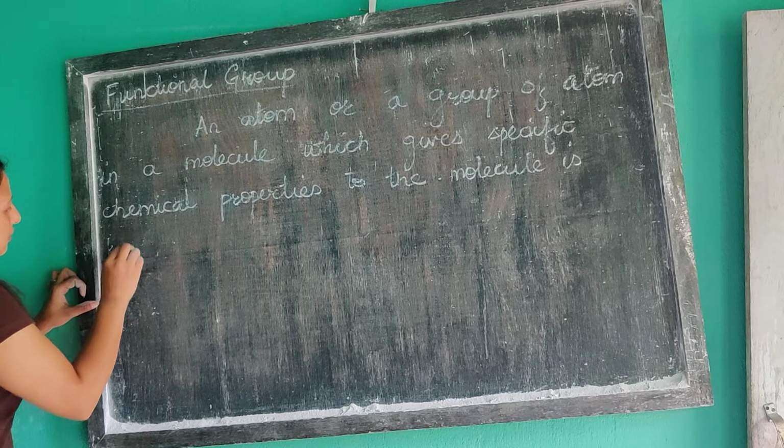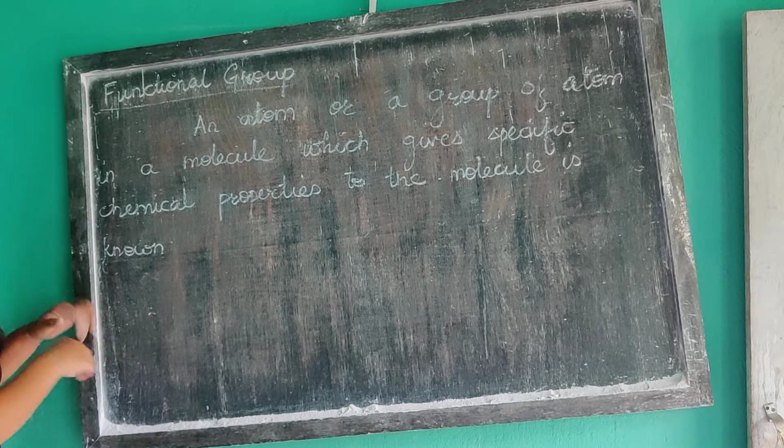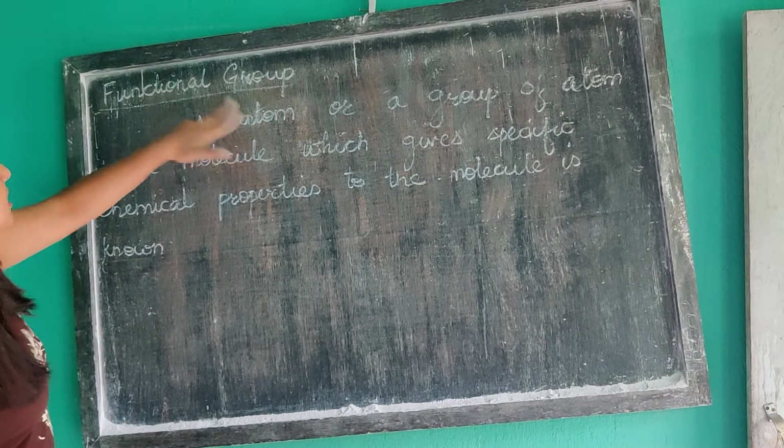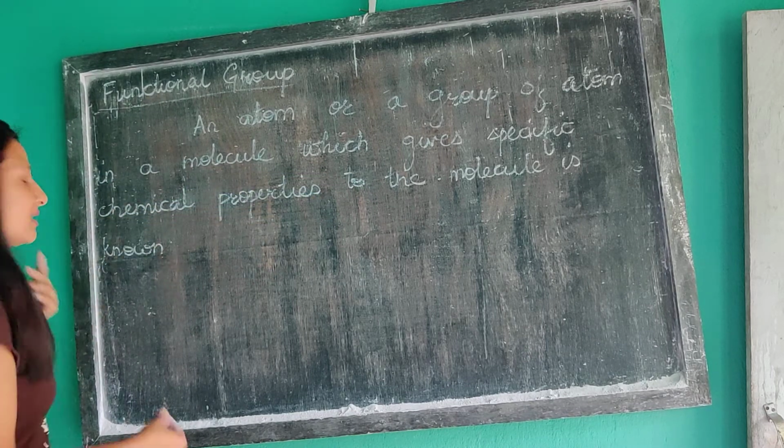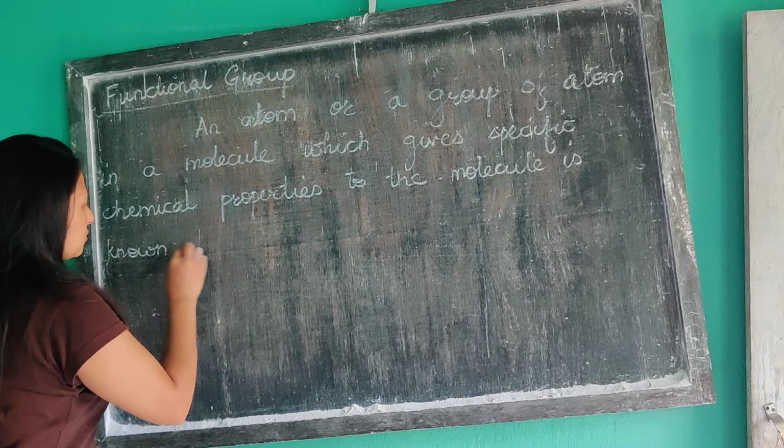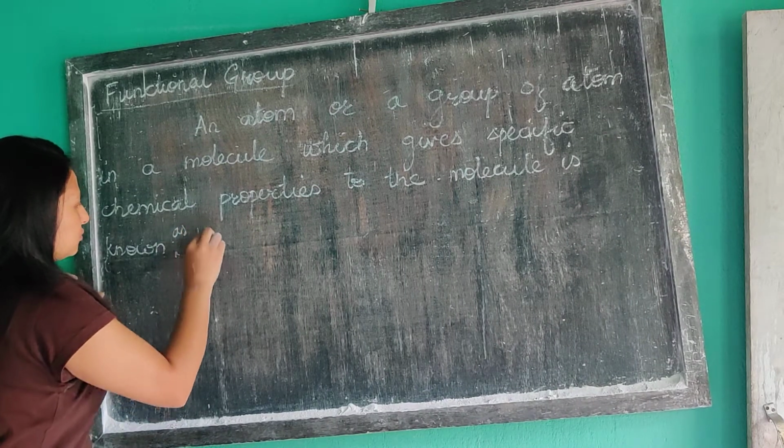Okay, so why is the heteroatom called a functional group? Because its presence changes the chemical properties of the molecule. So it is known as functional group.